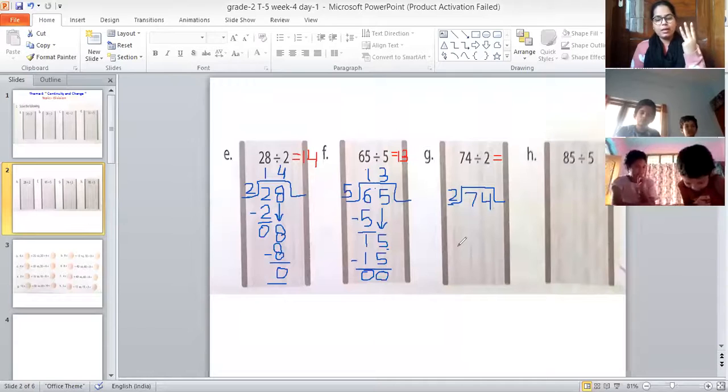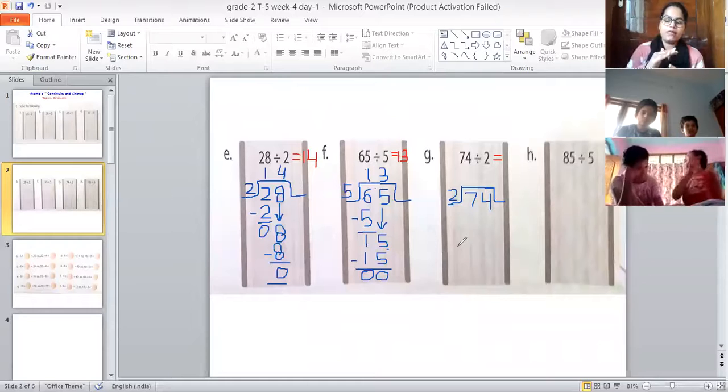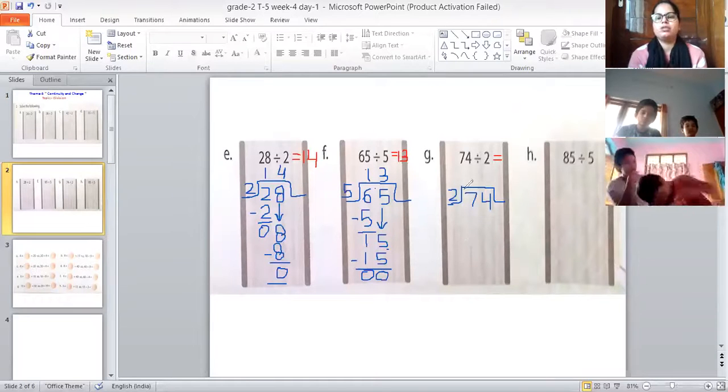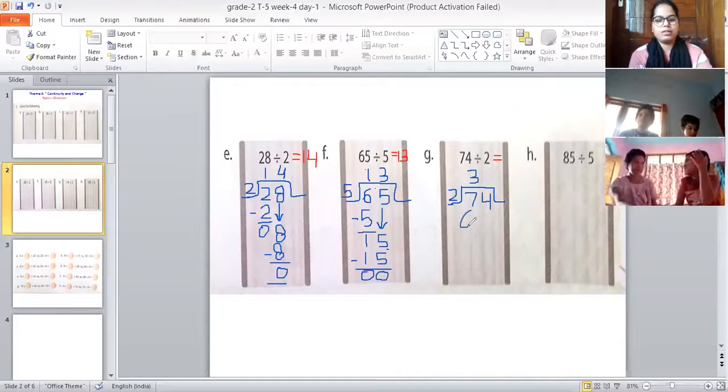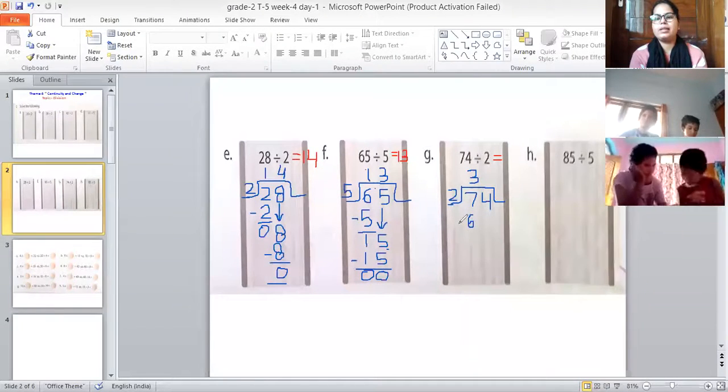But out of these 3 numbers, we'll be taking 6 because 6 is the number which is nearest to 7. We have to look for a number which is smaller than 7 and nearest also. So 2 threes are 6. So we'll write here 3, and 6 we will write below this 7, and we will put here minus sign.